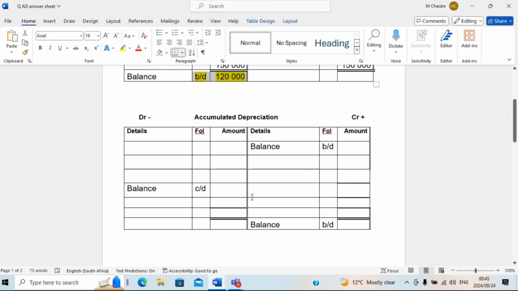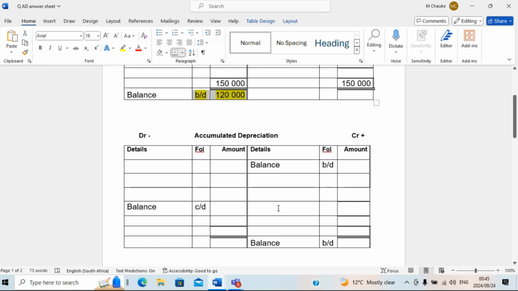Okay, so now we also have to prepare our accumulated depreciation account. But before we prepare this one, we need to calculate depreciations, right?